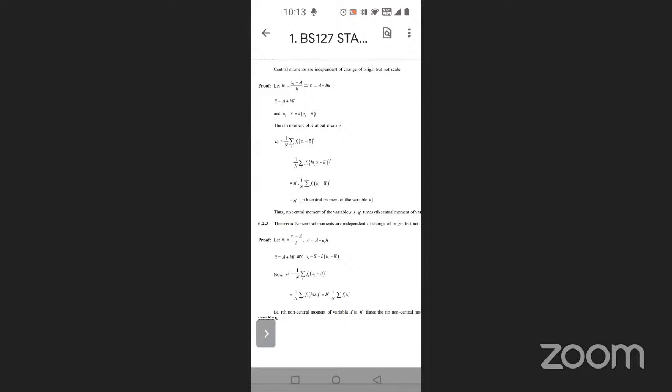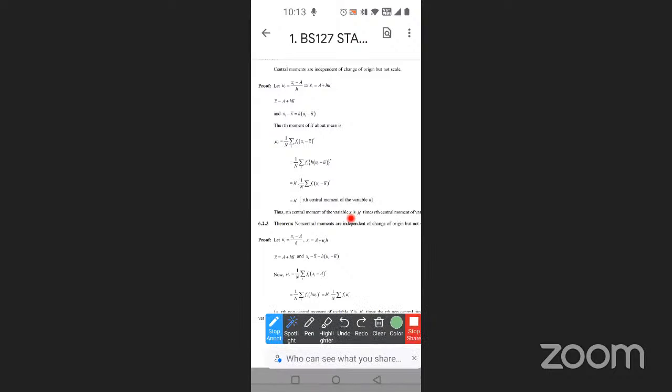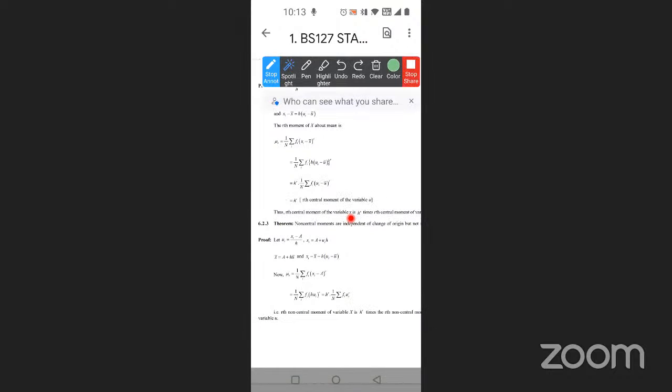Yes. The page number is in your textbook, 6.2.3. The topic is there. That is the theorem: non-central moments are independent of change of origin but not of scale. So here we have the current topic, the proof.